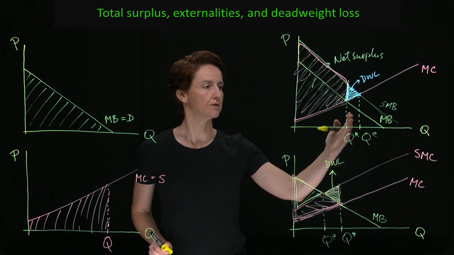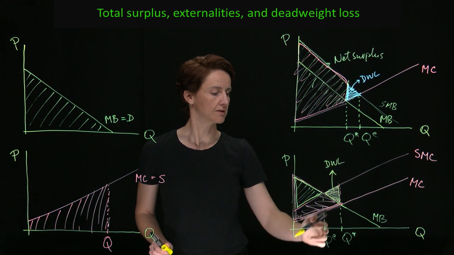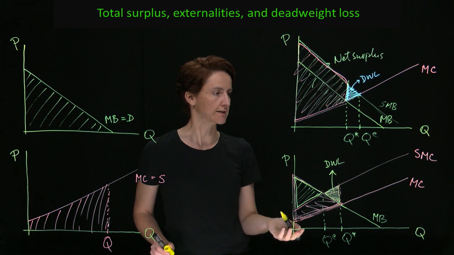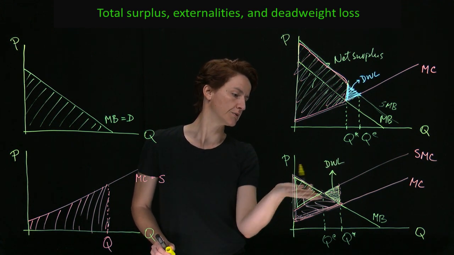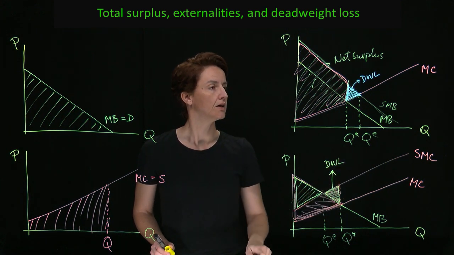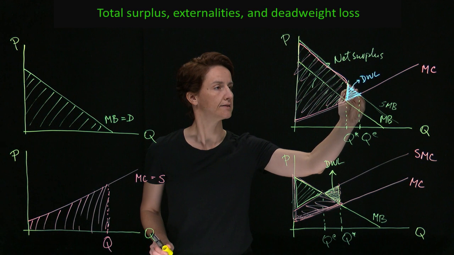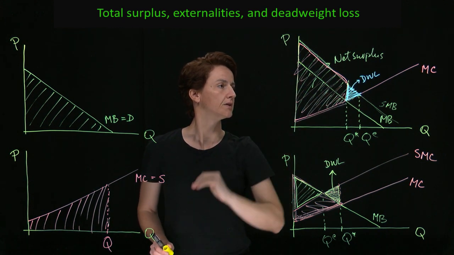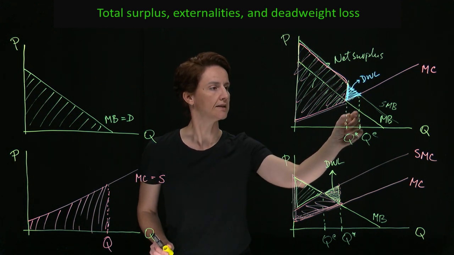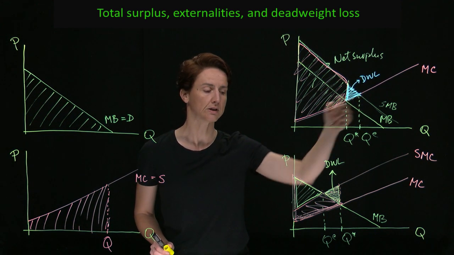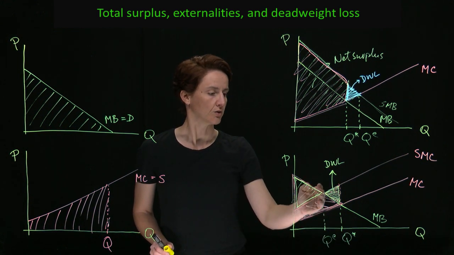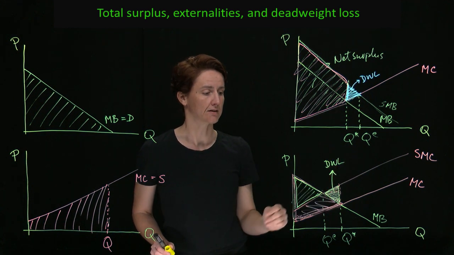So in both cases, the further the quantity produced is from QE, the more deadweight loss accumulates, and we can measure it as the area under SMC and above marginal benefit if we have negative externalities, or the area under SMB and above marginal cost for the units that are not being produced. So this deadweight loss is due to a missed opportunity, and this deadweight loss is due to overproduction. So units for which costs exceed benefits are being made.